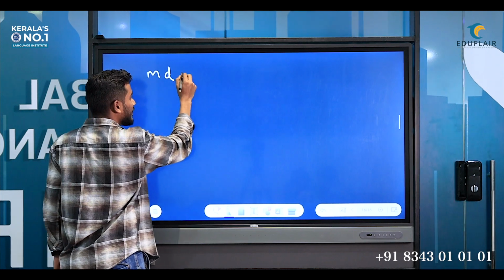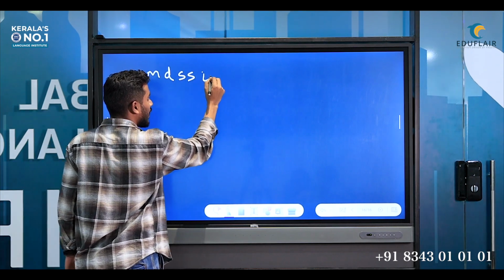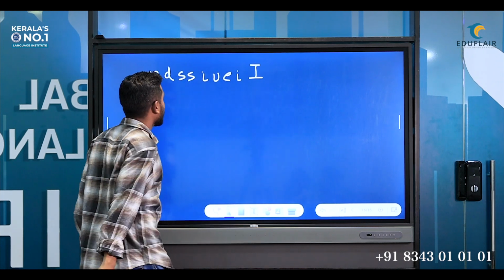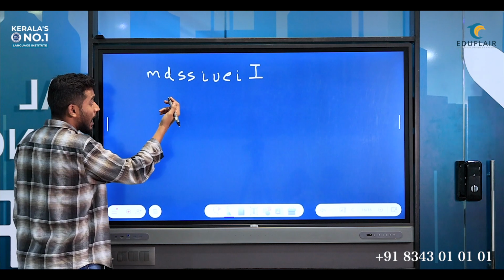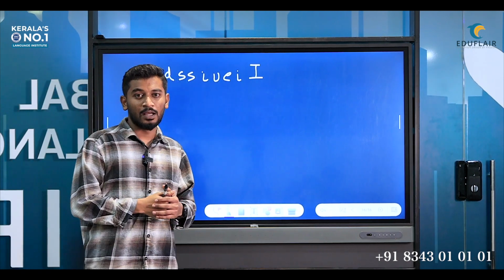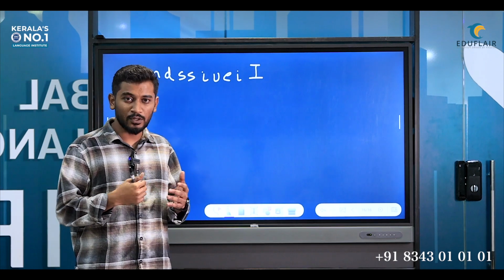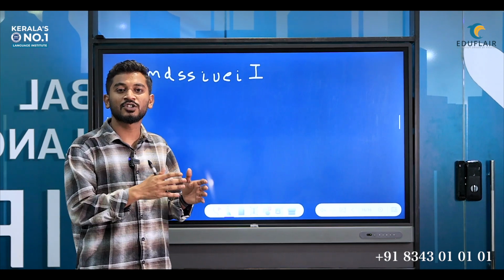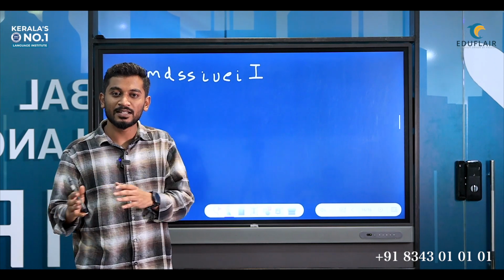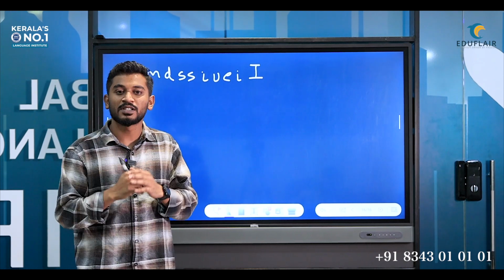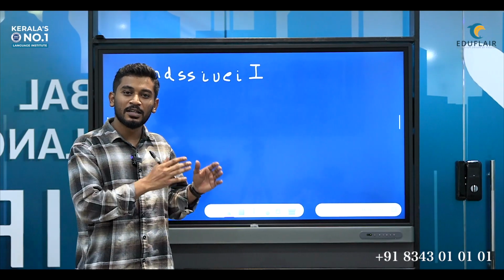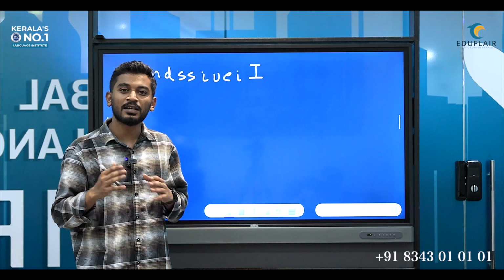M, D, S, S, I, U, E, I. Okay. So now, how do we learn this? For that, you can use a sentence which I used. Basically, Maharaj Dharam Singh Stadium, India und England in India. Once again, Maharaj Dharam Singh Stadium, India und England in India.